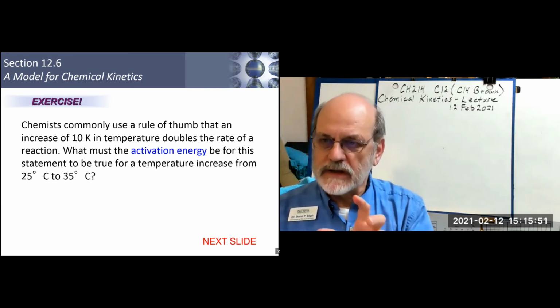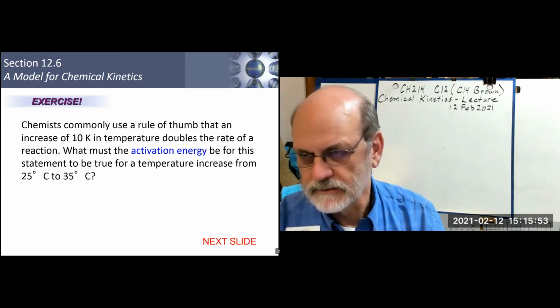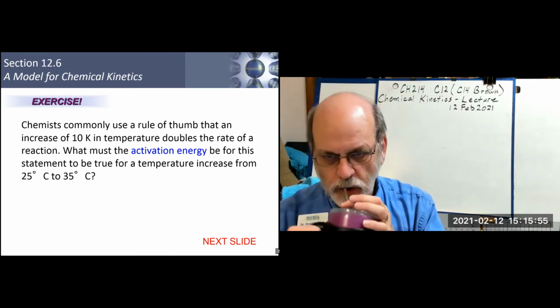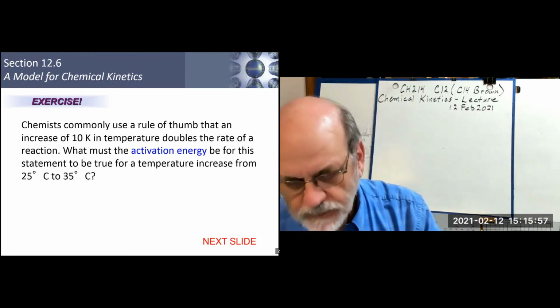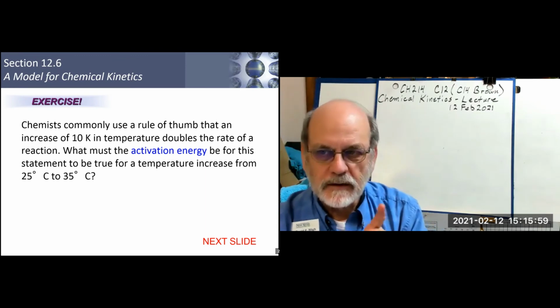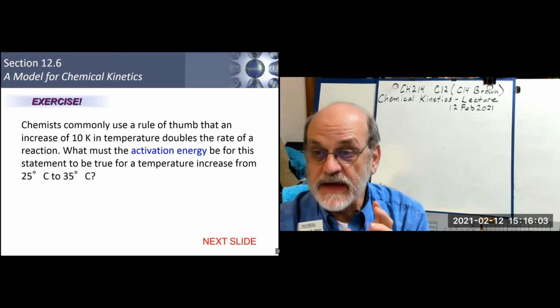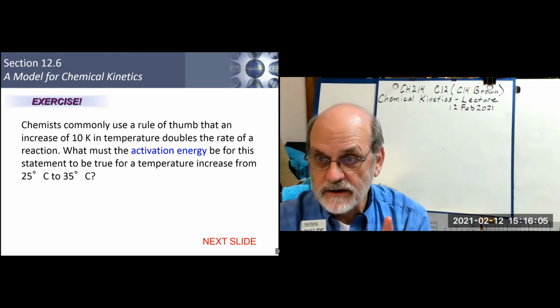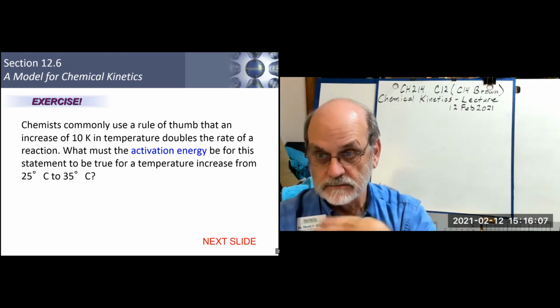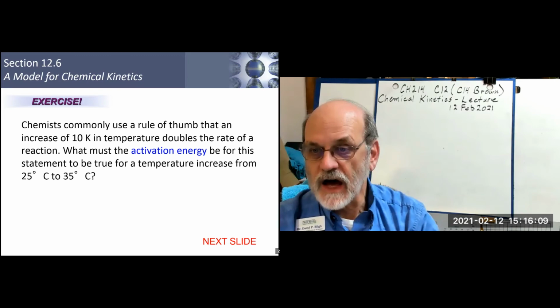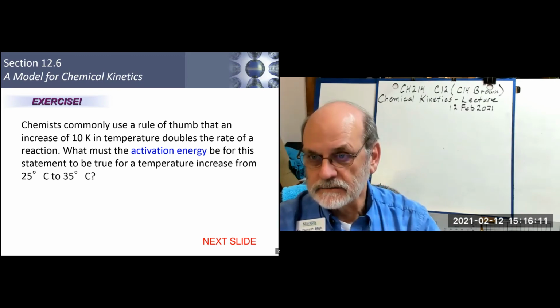Now, this is purely on a chemical basis. Right? For living systems, this rule works as long as the enzyme system that controls the reaction in the living system is not exceeded. Right?